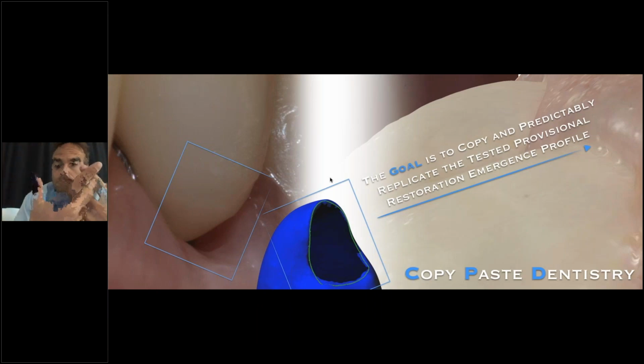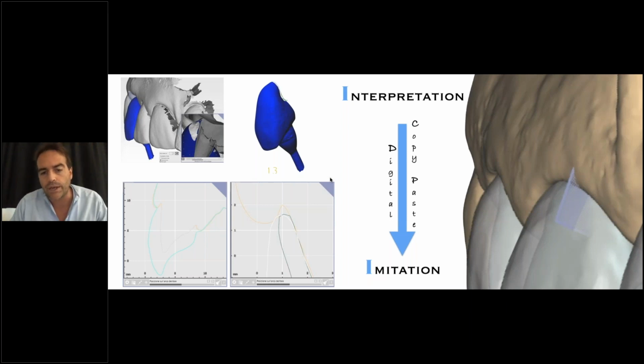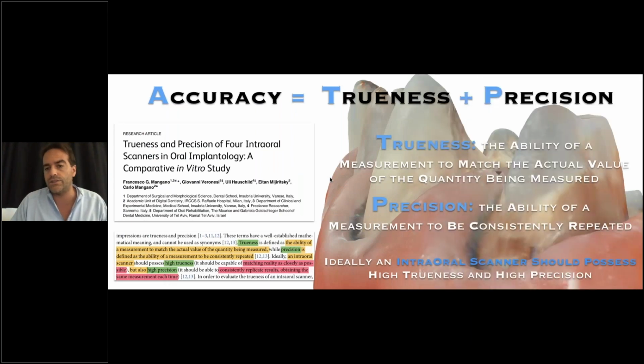By copying and replicating this, we are no longer living in an interpretation era that we leave to our dental technician's skills, but it's just an imitation. The digital copy paste really gave us the opportunity to standardize this kind of solution, and to finalize this restoration.